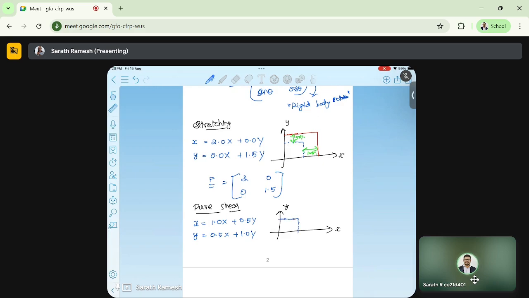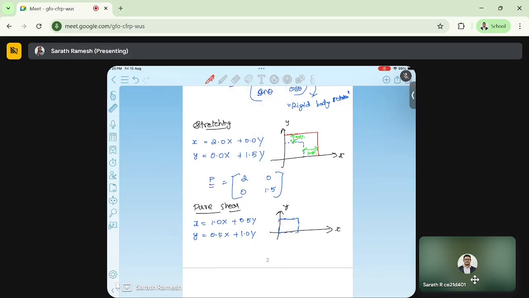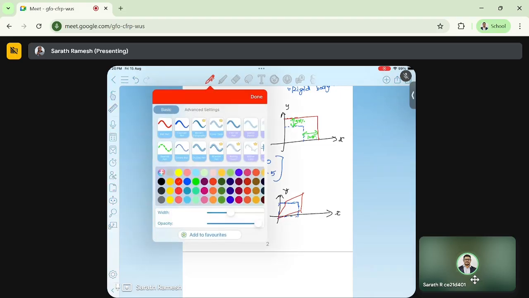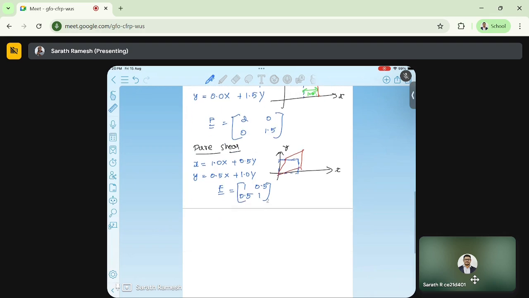After deformation, if it is undergoing pure shear, the deformed configuration will look something like this. Now for this, F is equal to 1, 0.5, 0.5 and 1, right? Okay, this is pure shear.